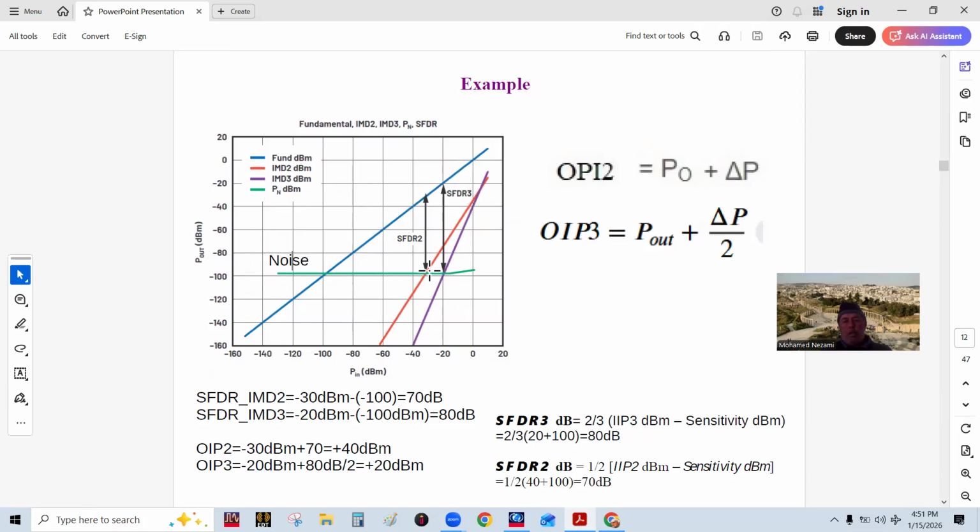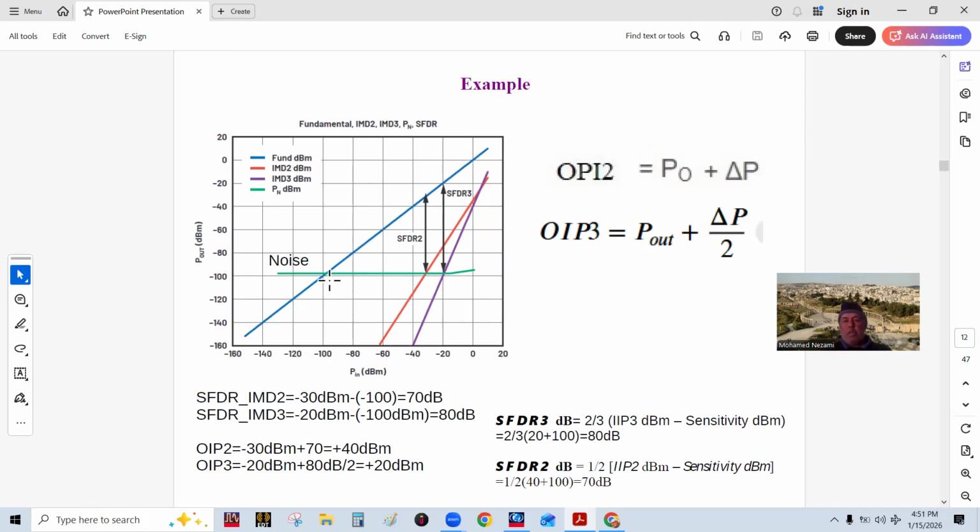This green line here is the noise floor. As long as the second order IMs and third order IMs are below the noise floor, we really don't care. You can see on this receiver that until you reach minus 60 dBm, you're not going to see any of these products.